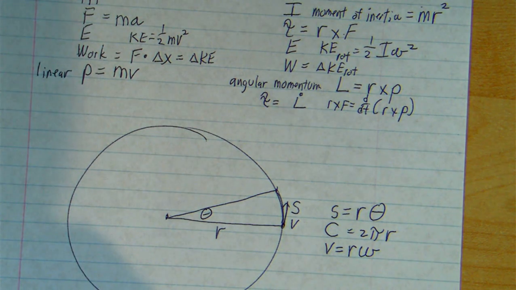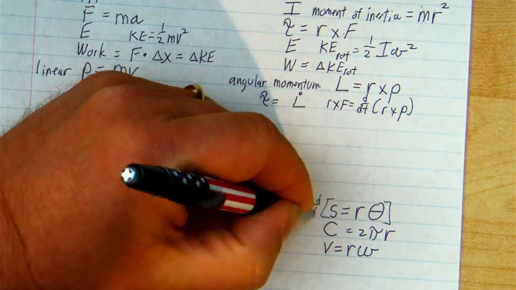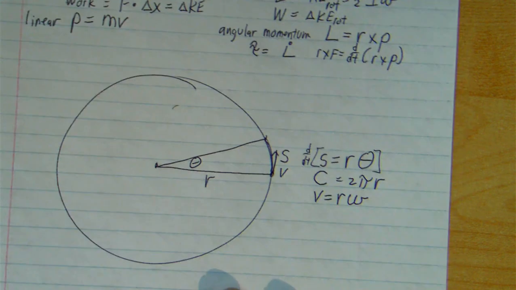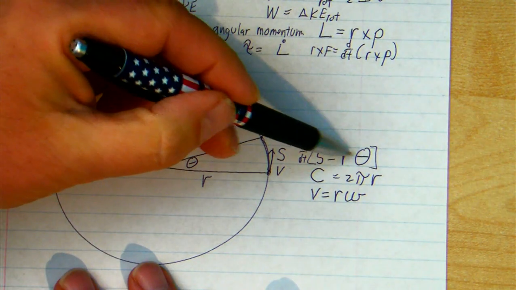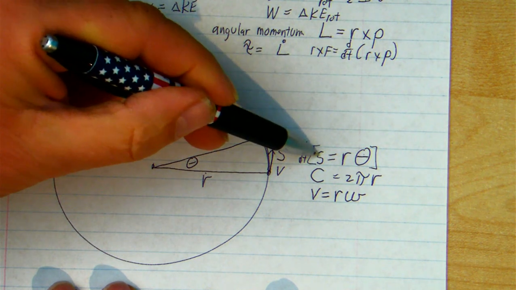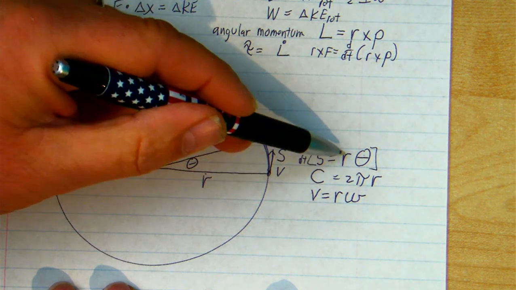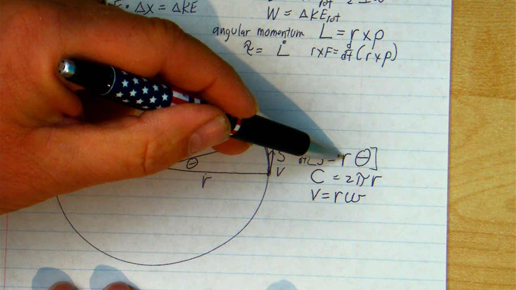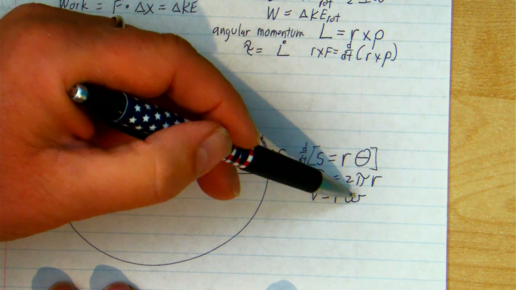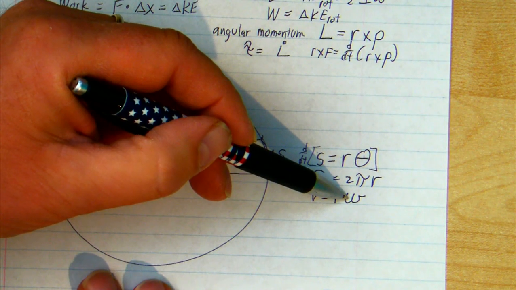Or in something closer to English, it is the derivative with respect to time of your arc length s, the distance that you travel around the circle. So if s is equal to r times theta, and if r is a constant, then the derivative of position with respect to time, that's your velocity. The derivative of a constant is 0. The derivative of angle as a function of time is the time rate of change of angle, omega.